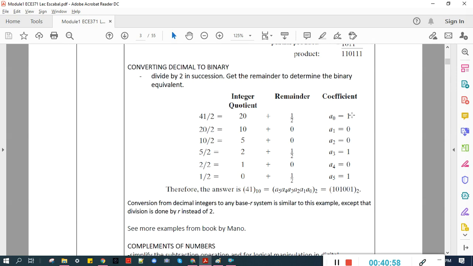So we start reading from the latest. So 101001. Therefore, the binary equivalent of 41 base 10 is 101001 base 2.